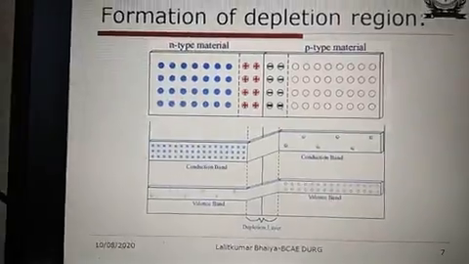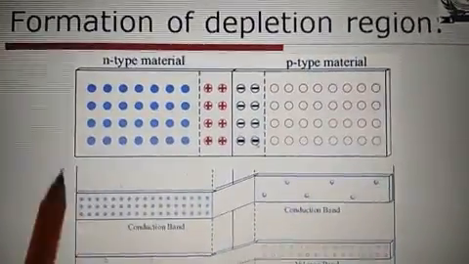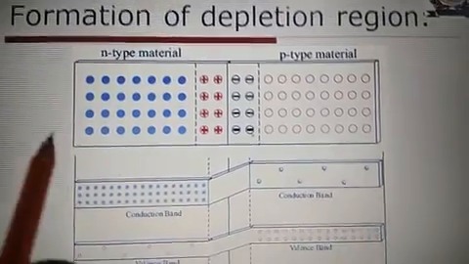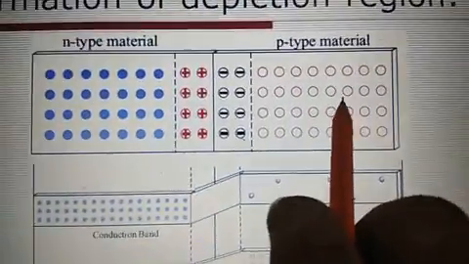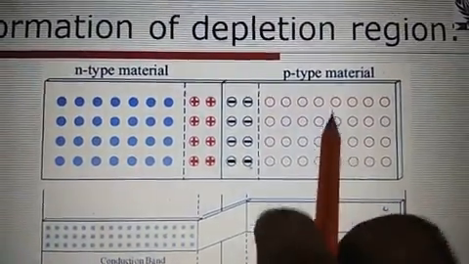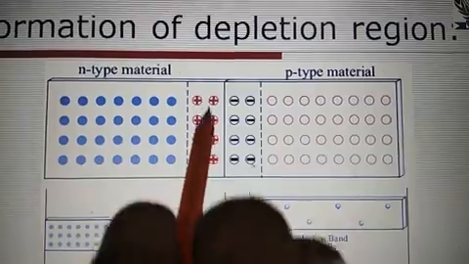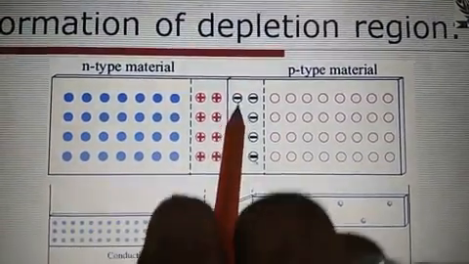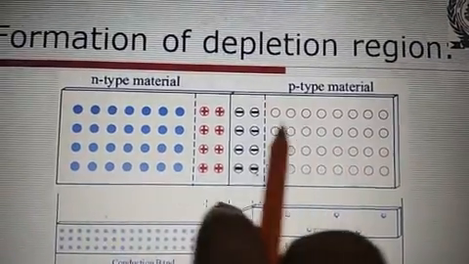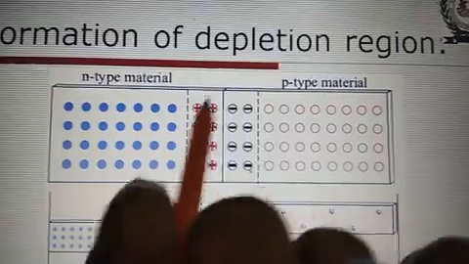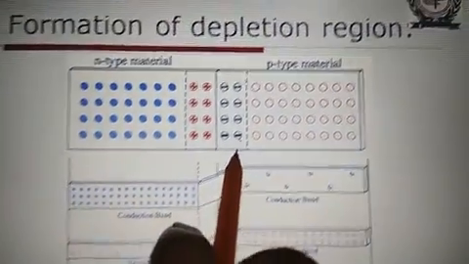You can see this diagram in which the depletion layer is clearly shown. This is n type material, this is p type material. The positive holes will be fixed here, negative electrons will be fixed here. Because of opposite charges, they will move and deposit over here. So this is called a depletion layer.